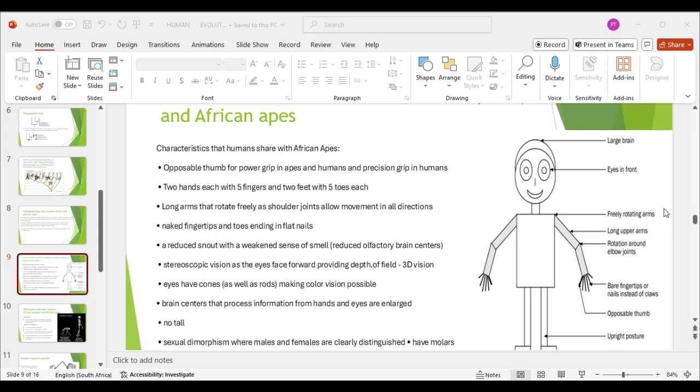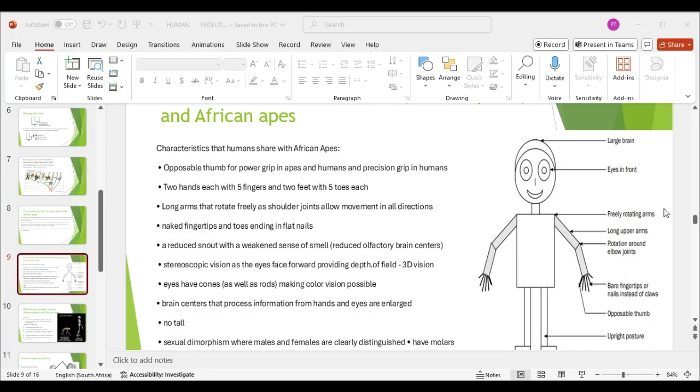So we have long arms that rotate freely as the shoulder joints allow movement in all directions. So both humans and the apes have long arms that rotate freely as the shoulder joints allow movement in all directions. We have naked fingerprints, with toes ending in flat nails.